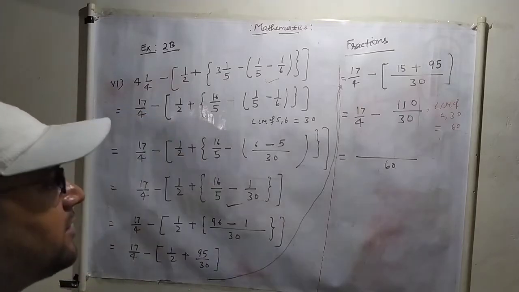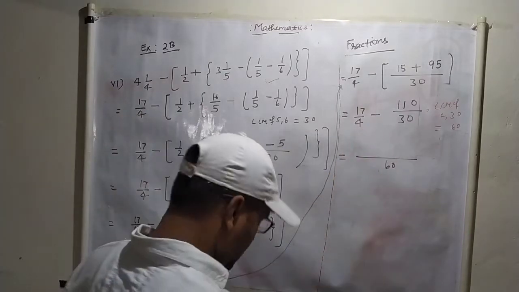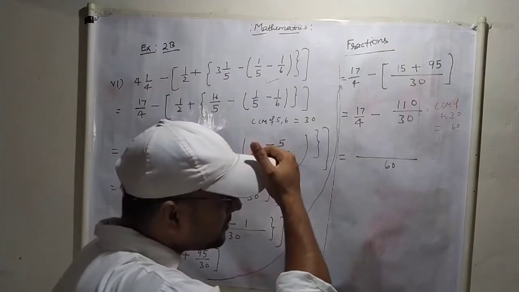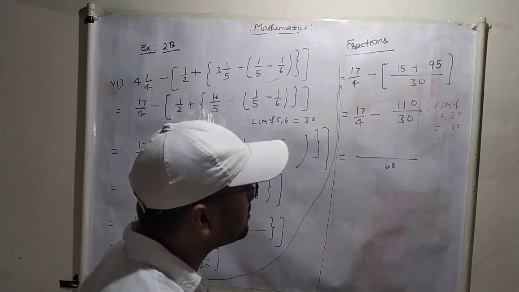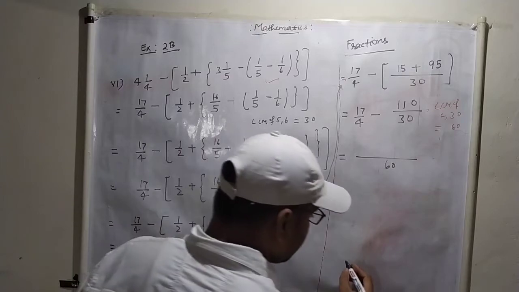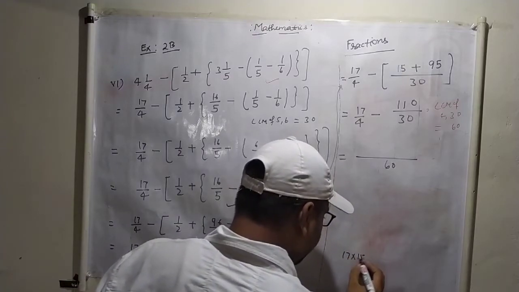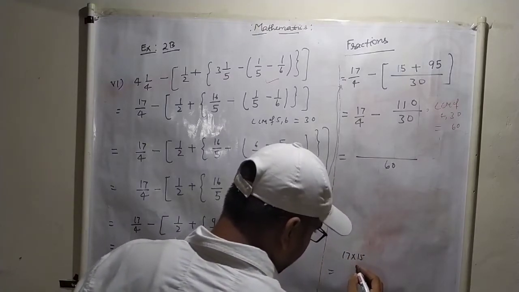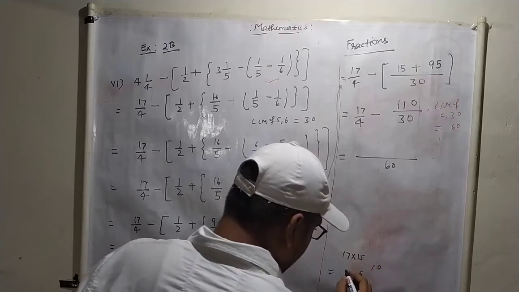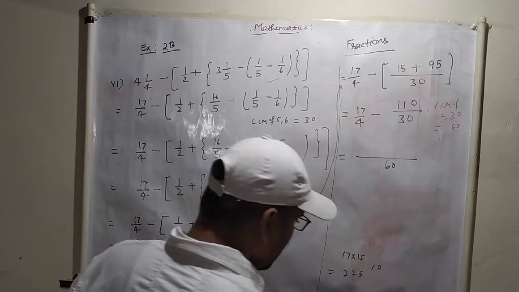Okay students, and then 60 divided by 4 you get 15, 15 4s are 60, and 15 is multiplied into 17, which is 255.